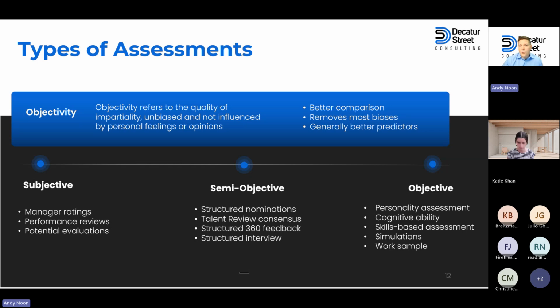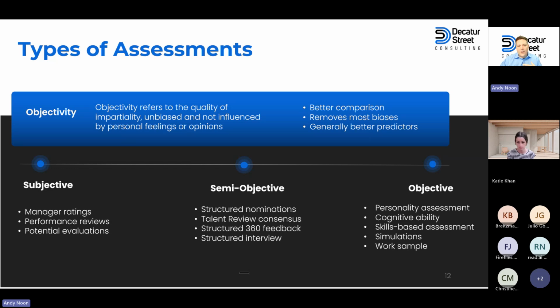So things like structured nominations for potential leadership programs or something else that you're doing as part of the process, where every manager is using the same criteria, the same thought process as it relates to those nominations. Talent review consensus meetings.